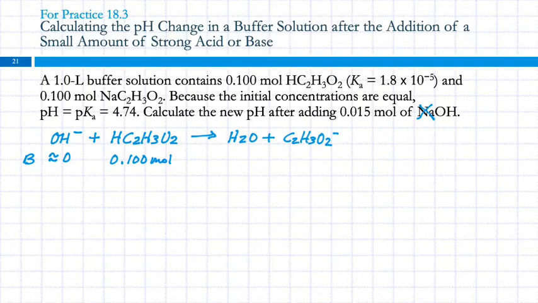Does the same go for a weak acid or base? Yes. If you're adding a strong acid or anything you're adding, yeah. We don't consider water, right? The water being a pure liquid doesn't matter.